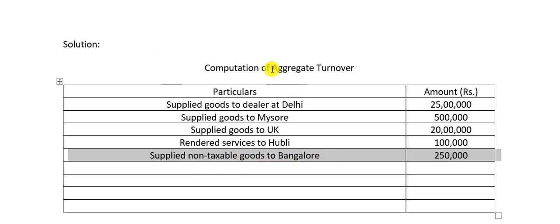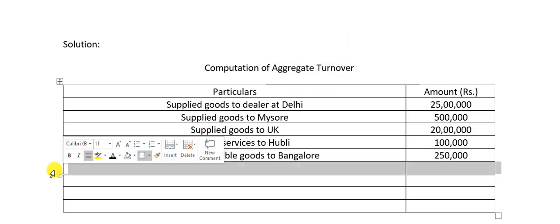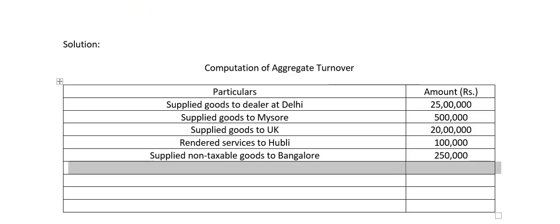Why? Because we have been asked to compute aggregate turnover, not taxable turnover. I know I am repeating it, but I also know that you will sometimes make that mistake. That's why it's okay if I repeat it again, for me and for you also. Supplied goods to SEZ unit located at Delhi.